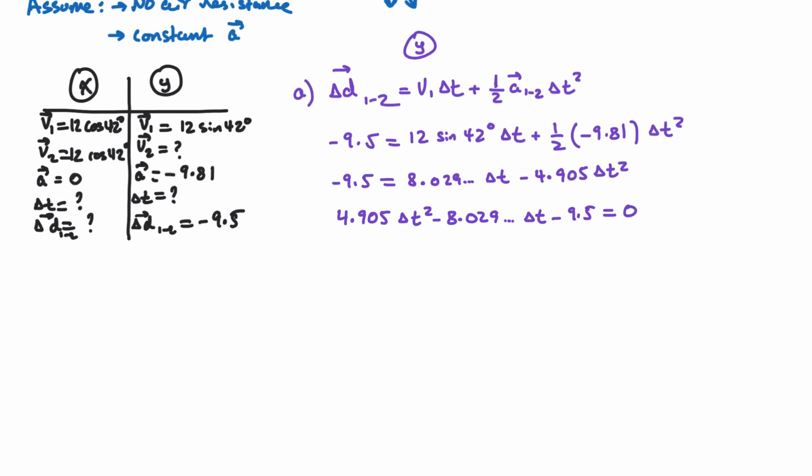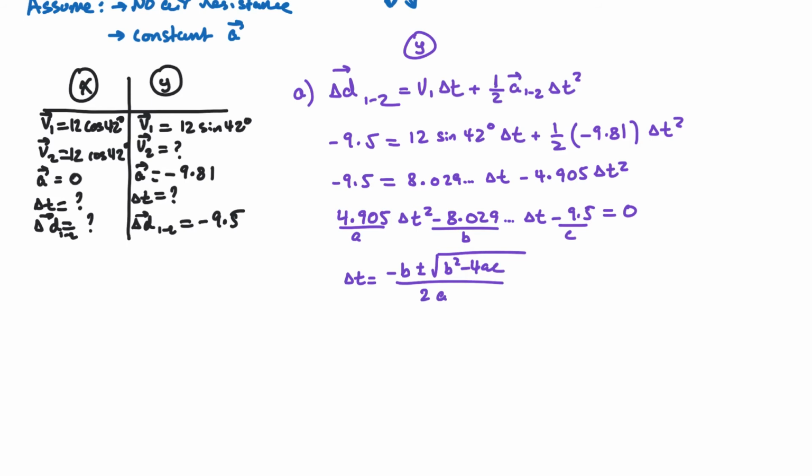What I have now is a quadratic equation where this is my a value, this is my b value, this is my c value, and delta t will equal negative b plus or minus the square root of b squared minus 4ac, over 2a.